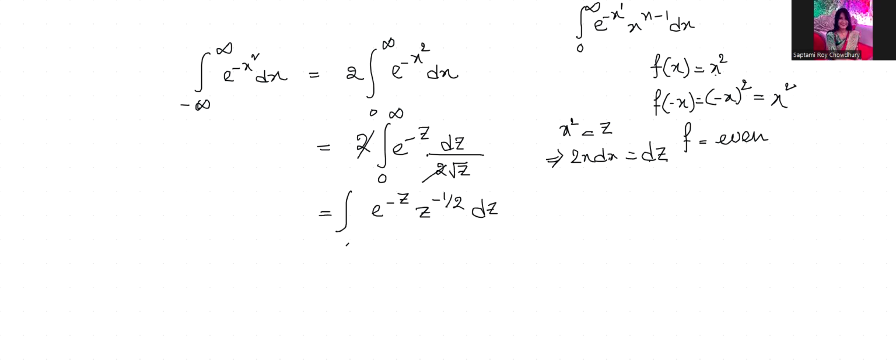Now, can we write it down? Obviously, we can write this minus half as half minus 1. That means this is your gamma half, right?